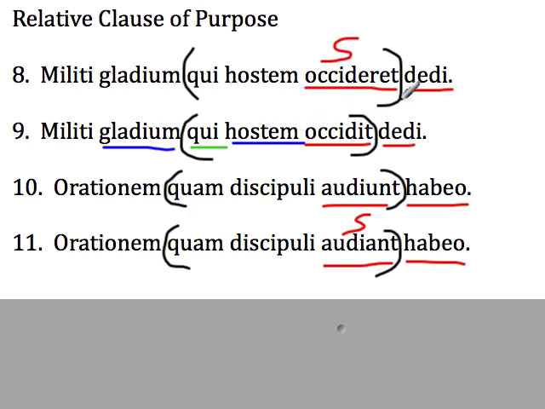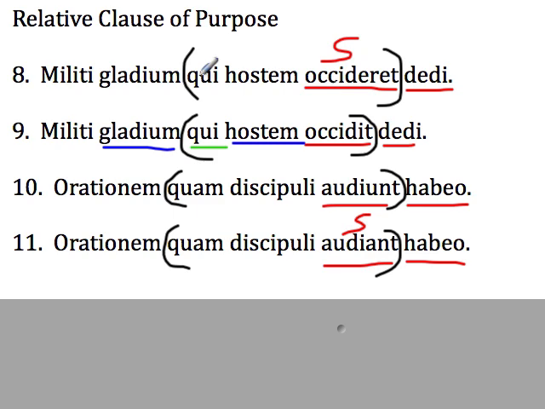Good. Now, if this sentence were the same thing, but with a subjunctive verb, it would be showing purpose. So I gave a sword to the soldier, which might kill the enemy. Or, another way to think of it, I gave a sword to the soldier to kill the enemy. So you'll see that when we have a subjunctive verb here instead of indicative, it's not simply saying that this happened.